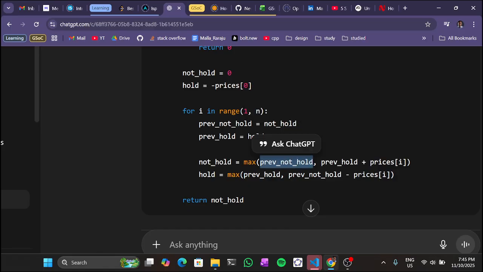So maximum of previous holding, and we are trying to make profit here by previous hold plus price.